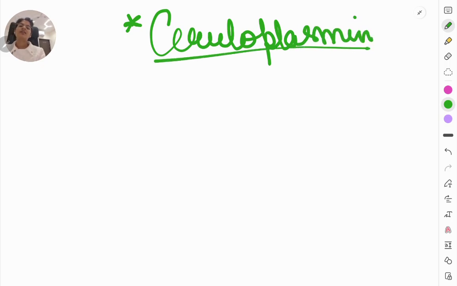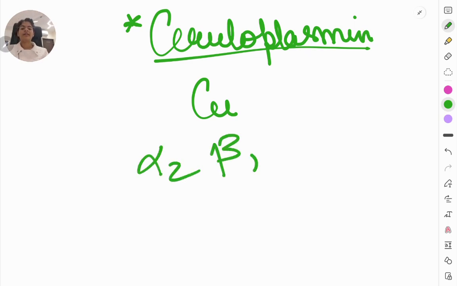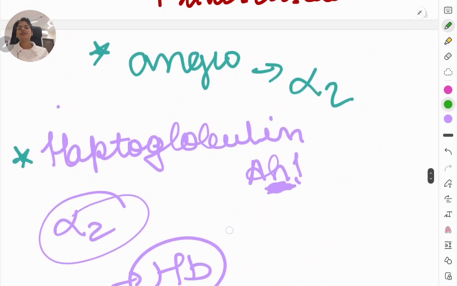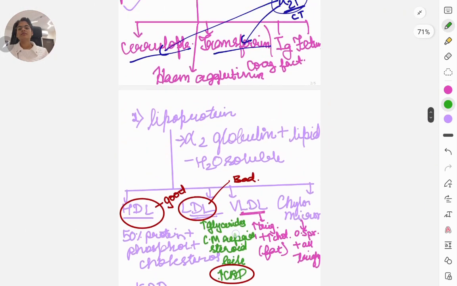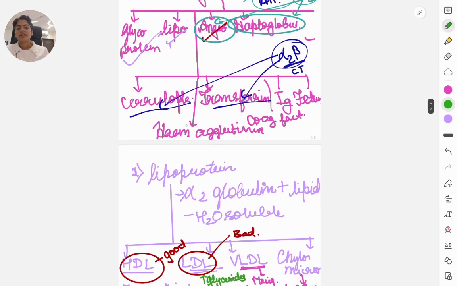Ceruloplasmin: C for ceruloplasmin and C for copper. Ceruloplasmin helps to transport and store copper. Since CT is there, it is alpha 2 beta 1 globulin. Clear? Then comes hemagglutinin.